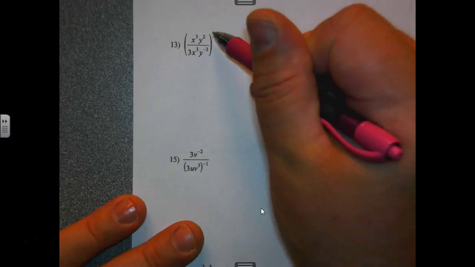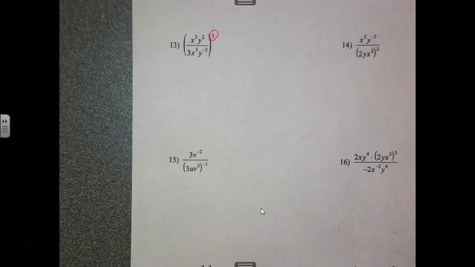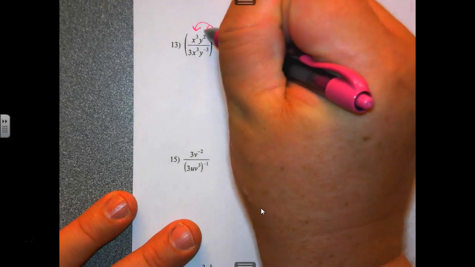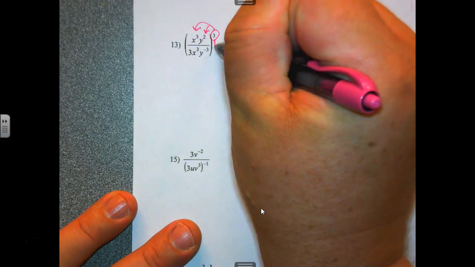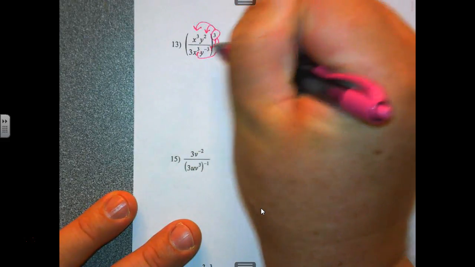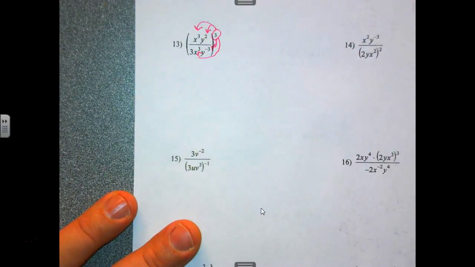Now, again, I've got an exponent on the outside of parentheses. I could do it this way. I could multiply every exponent in the parentheses. The bottom one's 2. Because these bottom numbers are in parentheses. Don't forget, 3 has a 1.